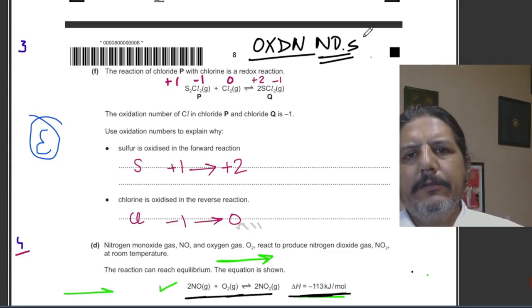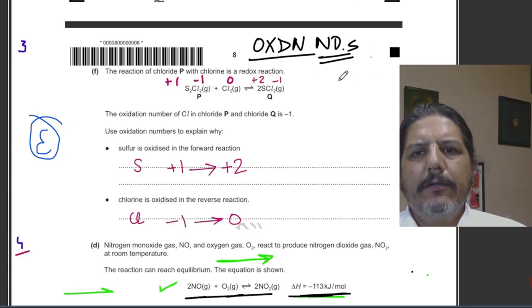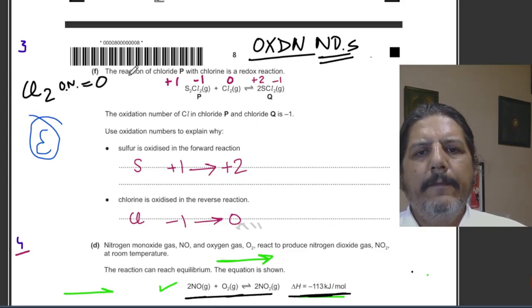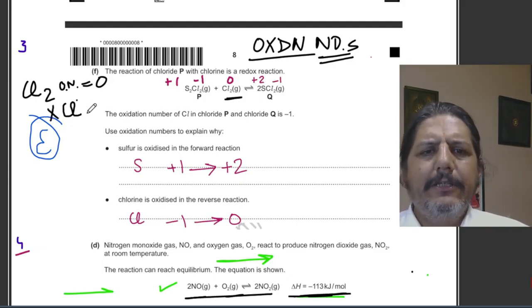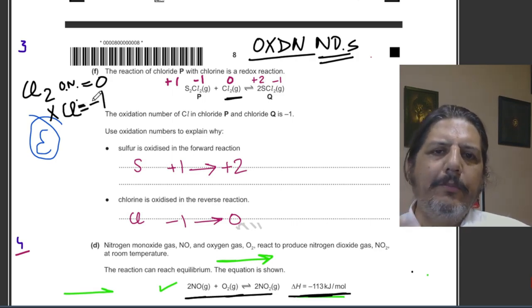In this case, we are very sure that whenever chlorine is in the free state, the oxidation number is 0. And whenever chlorine is in a combined state, like XCl, XCl2, the oxidation number will be -1. So for halogens, the oxidation number is -1.